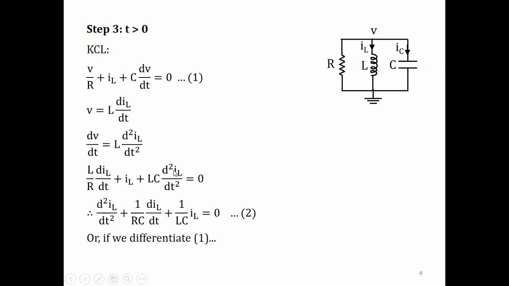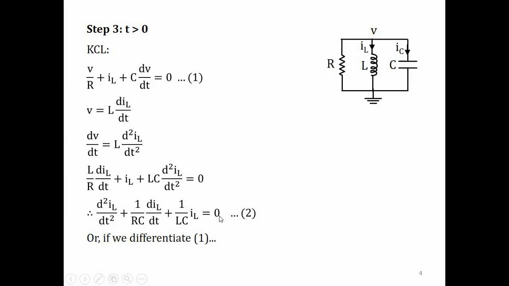Then we rearrange so that the coefficient of the second order term is 1, not required, but just for the heck of it. So we get d2IL dt squared plus 1 by RC dIL dt plus 1 by LC IL equal to 0. So this is our differential equation.